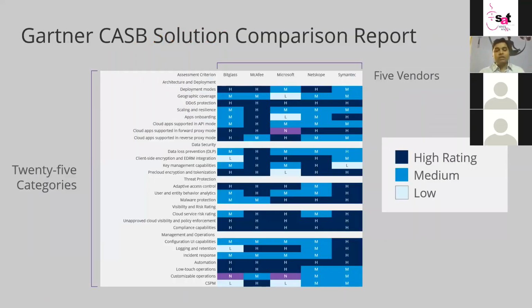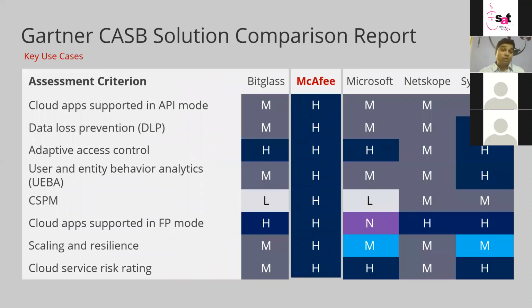If you look at last year's CASB solution comparison report, you would also see that out of those 25 categories which were released, where all the different vendors were assessed, McAfee got the highest number of highs. High means the best. So 19 out of 25 we got high.